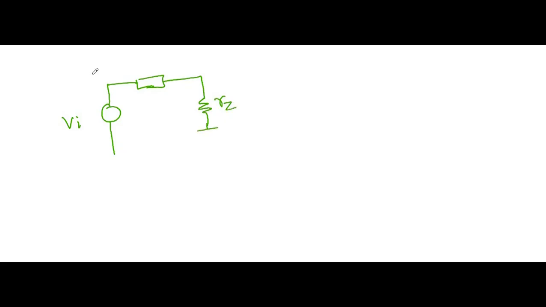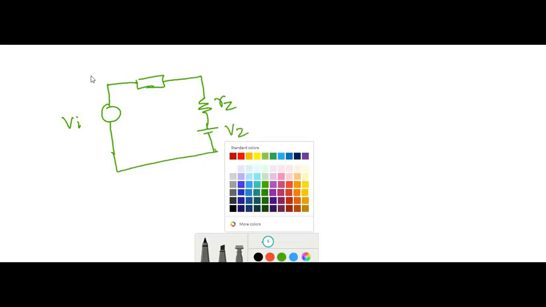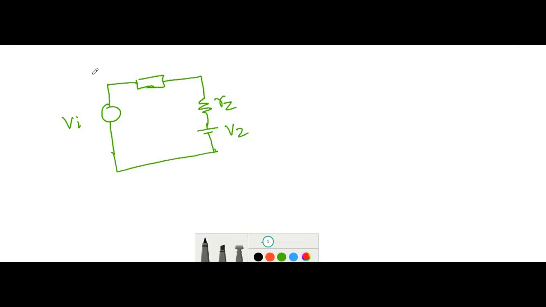This side is plus and this side is minus: your cathode is positive, your anode is negative, and here you have the VZ. This RZ plus VZ is the equivalent symbol of your Zener diode. So this is the Zener diode, an internal architecture having one voltage source VZ and a dynamic resistance.